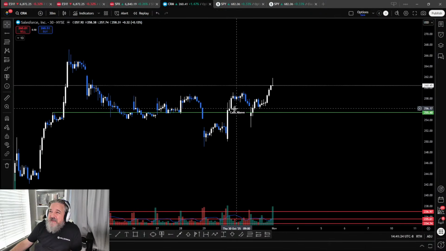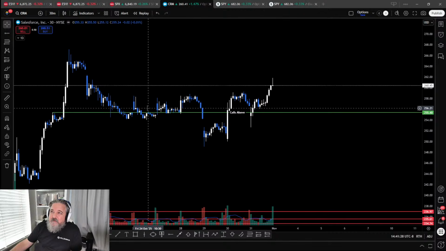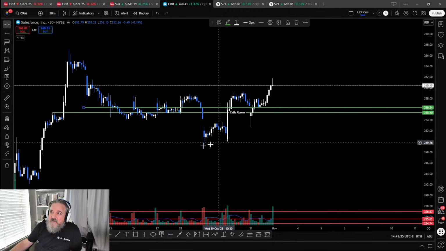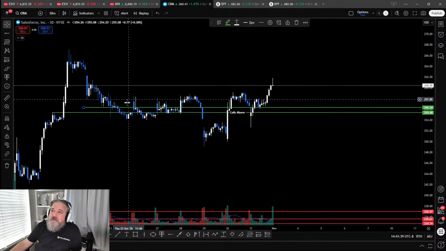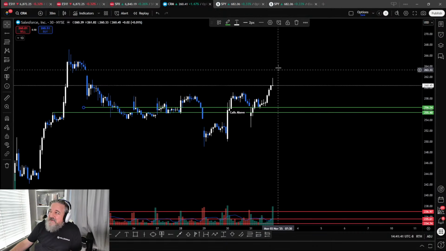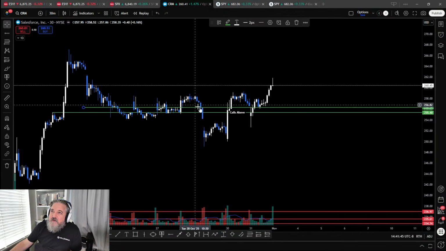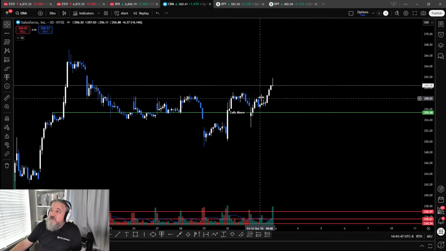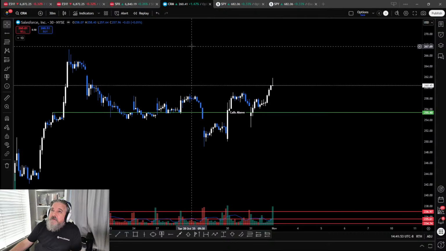But I couldn't find a good entry where I wasn't worried about this here as a possible area for rejection. I just couldn't find a decent move that I was happy calling out, but it did work out, or at least it's working out so far. Based on Elliott waves, we should be cracking above this.